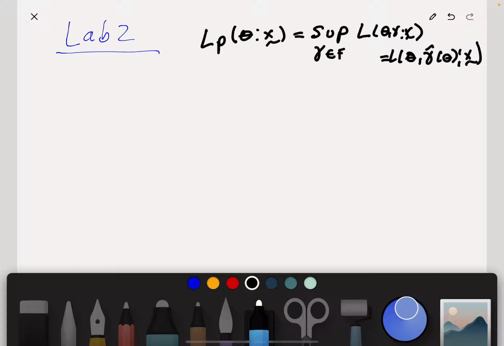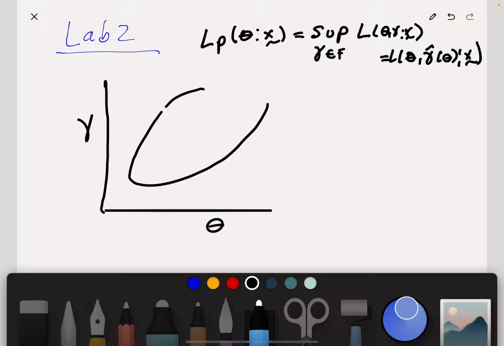So that's the definition, and I drew a graph. I'm going to draw a little bit bigger graph here. And then I said, okay, let's say that theta's down here, gamma's up here, and then I had some contours.